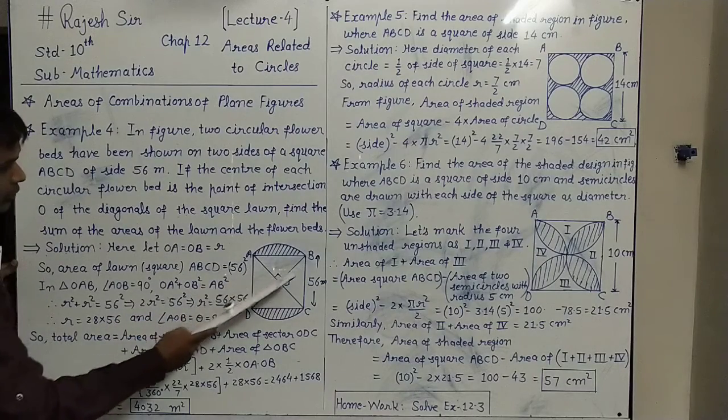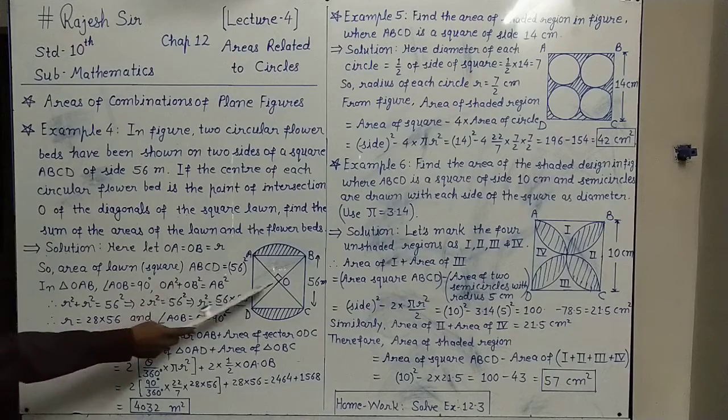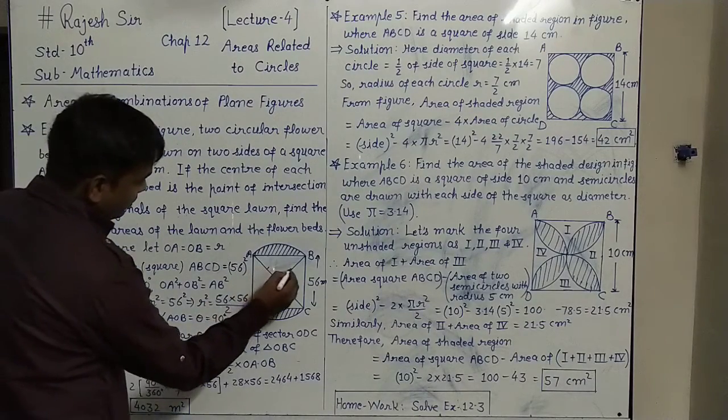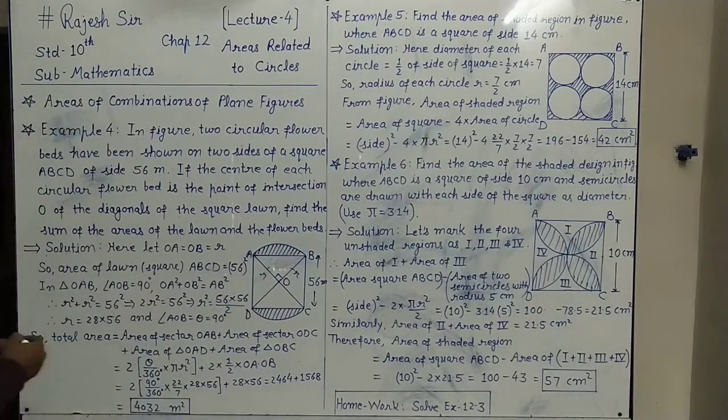So AB squared equals OA squared plus OB squared. Now OA and OB are both equal to R, so R squared plus R squared equals 56 squared.